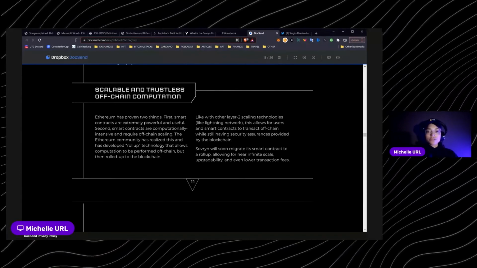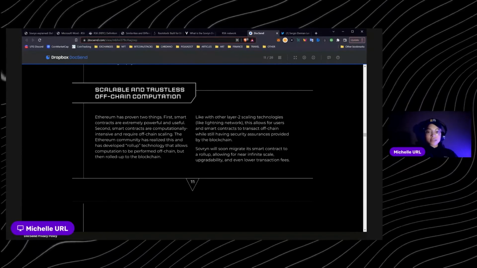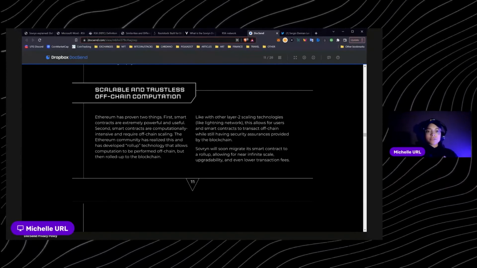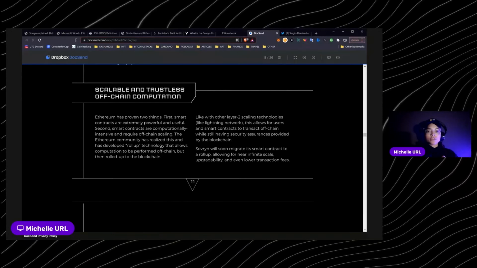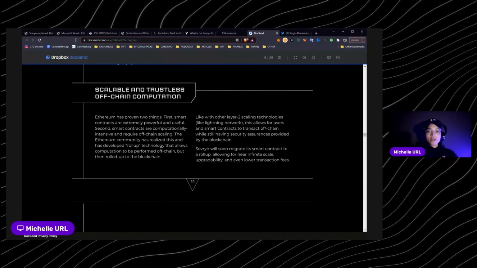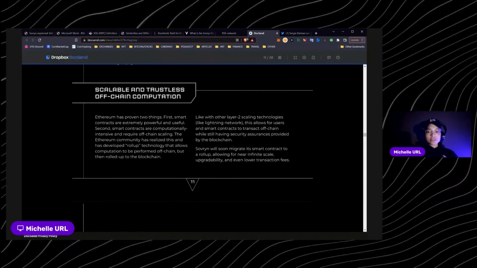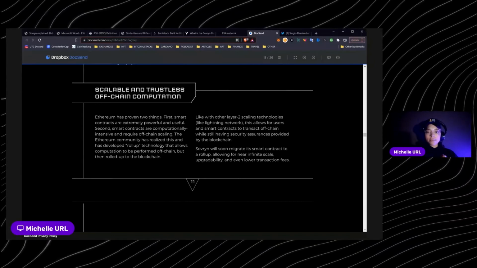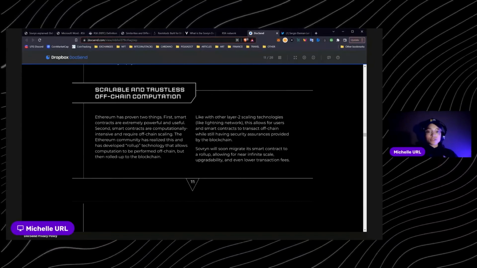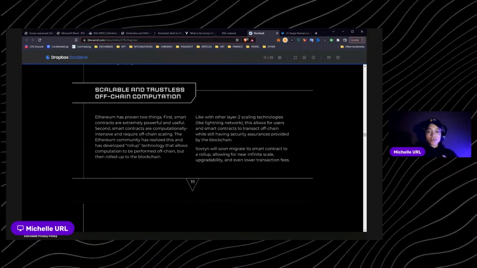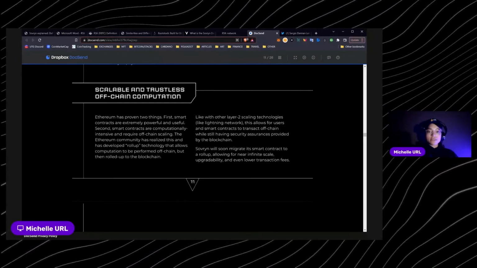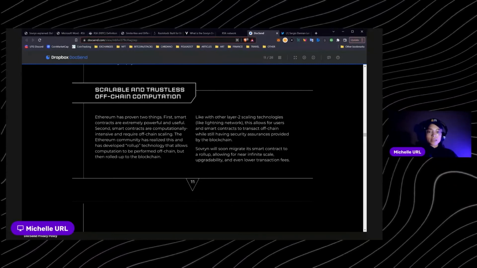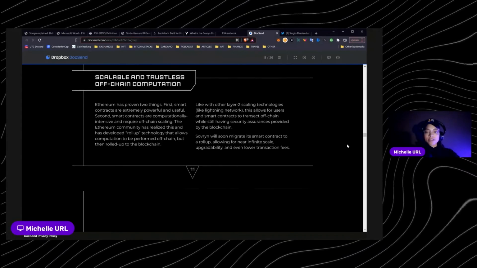Like with other layer 2 scaling technologies like Lightning Network, this allows users and smart contracts to transact off-chain while still having security assurances provided by the blockchain. Sovryn will soon migrate its smart contracts to a rollup, allowing for near infinite scale, upgradability, and even lower transaction fees.